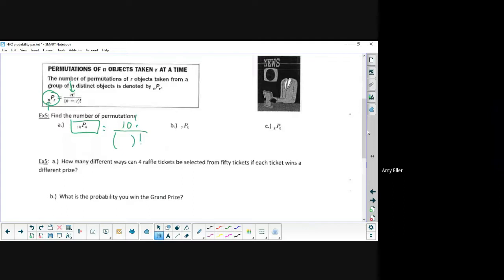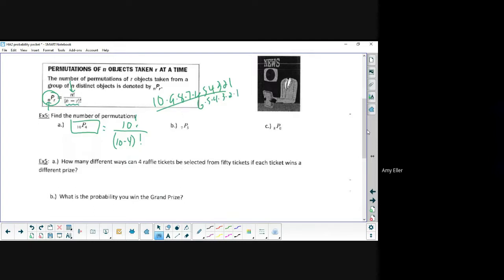Then it says to do n minus r, and r is the second one. You can do it with the calculator. You can also think about this. Ten minus 4 is 6, so we're going to be dividing by 6 factorial.